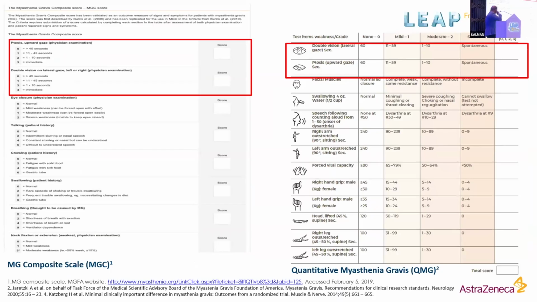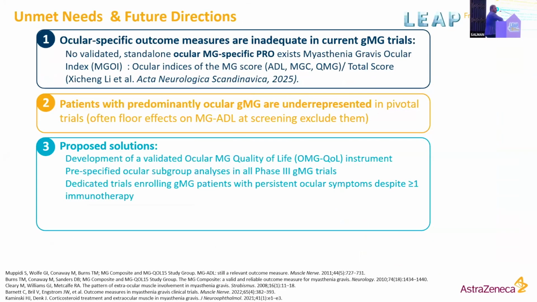But again, these measures, or the quality of life measure, don't really represent the burden or the impact of ocular symptoms on the patient. So what we need to do is come up with some kind of ocular-specific scores. Another measure that was devised was dividing the ocular indices out of the total score, and coming up with some kind of an index or measure.